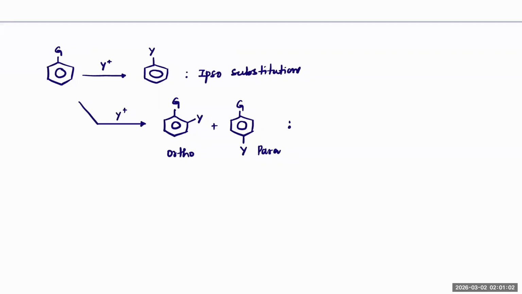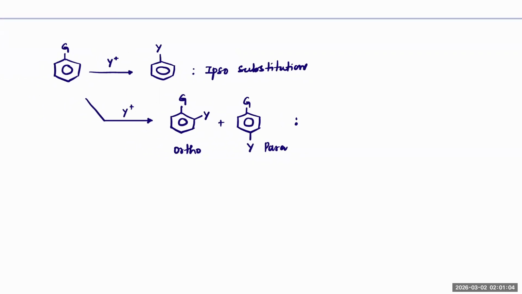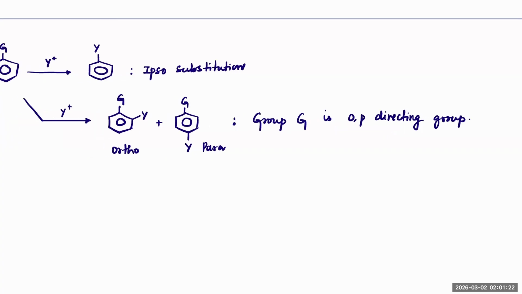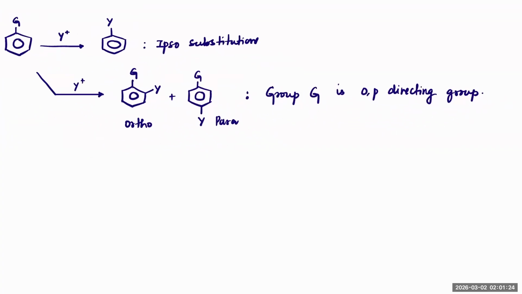Then we say that the group G is allowing electrophile at ortho and para position. Hence, group G is an ortho-para directing group. So understand these terms carefully.